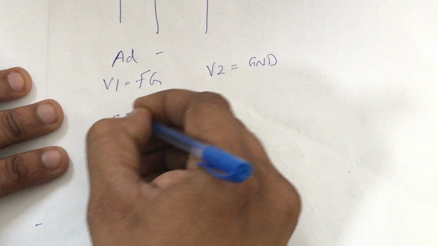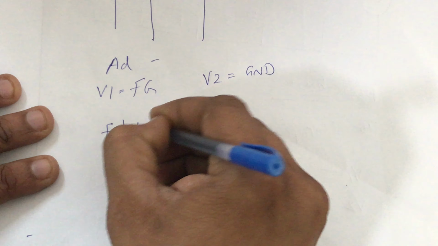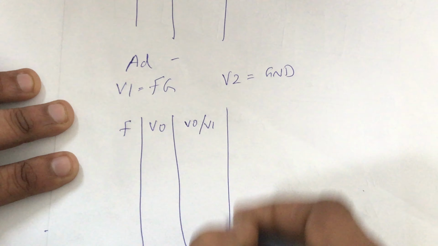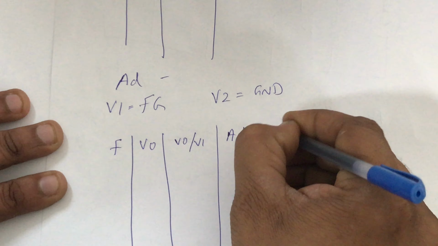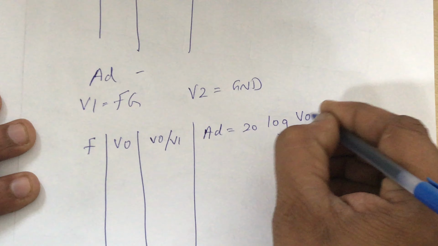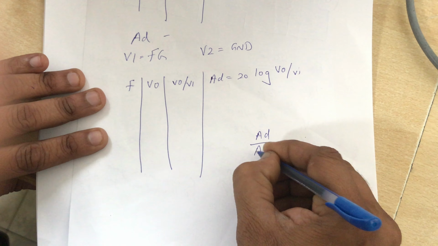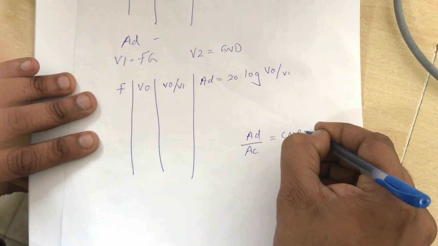Similarly, you can conduct this for various frequencies and note the output. Again, calculate V0 by V1 or Vi and find AD, which is 20 log V0 by V1. Ultimately, I take AD by AC to calculate the CMRR.